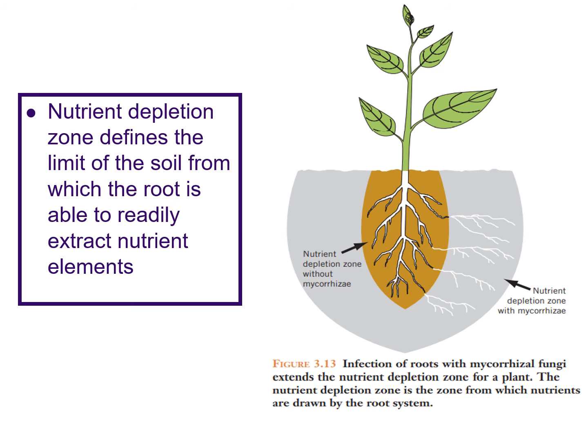The depletion zone for nitrogen, for example, extends some distance from the root because nitrate is readily soluble and highly mobile. Phosphorus, on the other hand, is less soluble and relatively immobile in soils, and consequently, the depletion zone for phosphorus is correspondingly smaller.